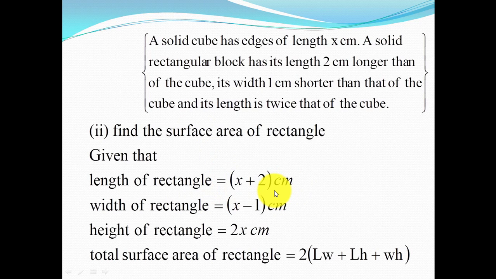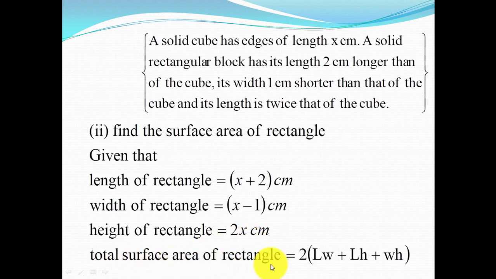X is the length of the cube and 2 centimeters longer. Similarly, the width is 1 centimeter shorter. It means that x is the length of the cube, and when we subtract 1 from x, we get the width of the rectangle. Similarly, the height of the rectangle is twice that of the cube. Twice means 2 times. So this implies that height is equal to 2x.